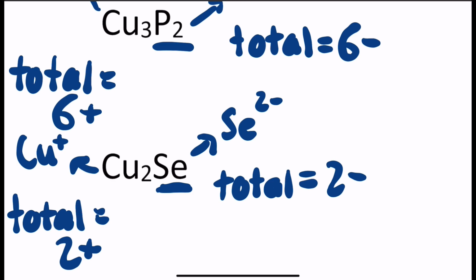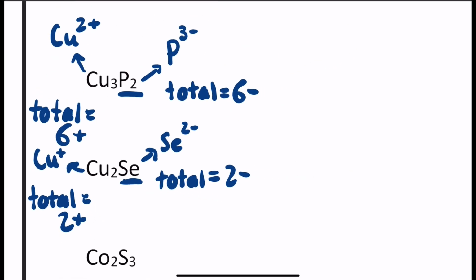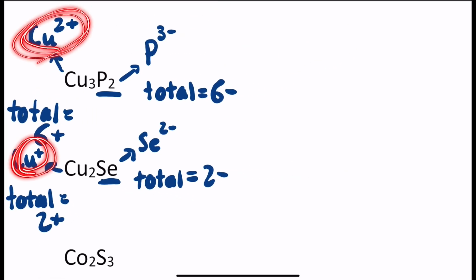Okay, so notice here, this copper did have a different charge than that other copper. So it just goes to show you have to solve for this stuff every single time. In terms of naming this stuff, we're going to use that name copper, we're going to use that charge of 1 plus, and then we're going to use the name selenium.